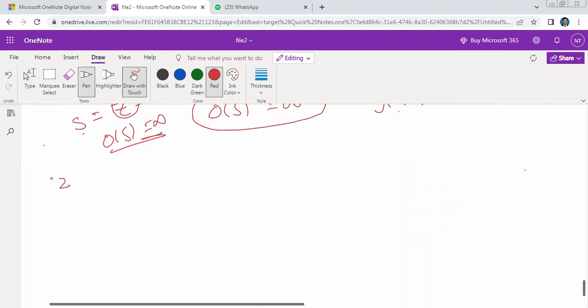Sir, what is GCD of 0 comma 0, sir? Very good question. What are the possibilities for 0 comma 0? Sir, there are infinite possibilities, because we can write 0 into any number.